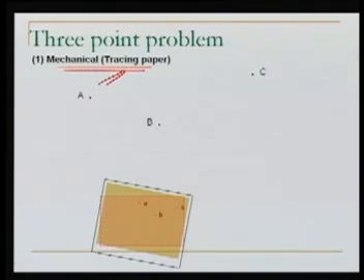Now, under the tracing paper, we have these points A, B, and C plotted on the plane table. Now, we choose any other point on the tracing paper. So this small p is marked on the tracing paper.